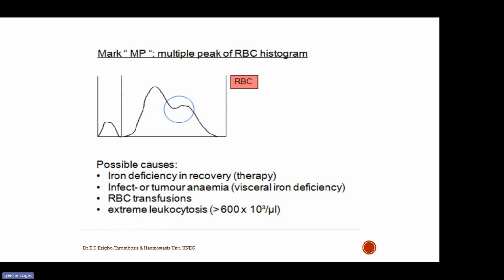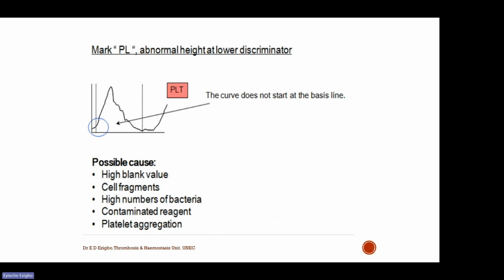Extreme leukocytosis. So this is a platelet histogram, which we were told should also be unimodal. And see, look at this one. It did not start from the baseline. The curve does not start at the baseline. Possible causes: high blank value, cell fragments, high numbers of bacteria, contaminated reagents, platelet aggregation.